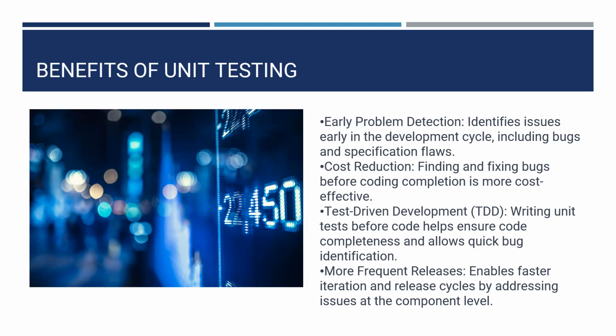This early detection translates to a cost reduction, which everybody likes, as finding and fixing bugs before coding completion is more cost effective. Now, TDD, where tests are written before code, ensures code completeness and quick bug identification, ultimately allowing for more frequent releases and faster iteration cycles by addressing issues at the component level.